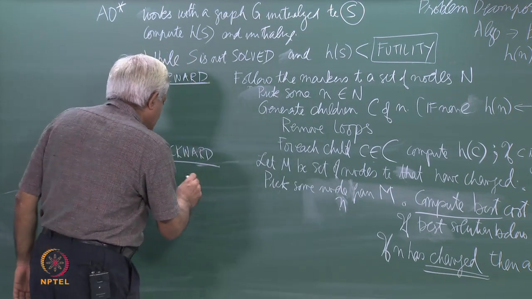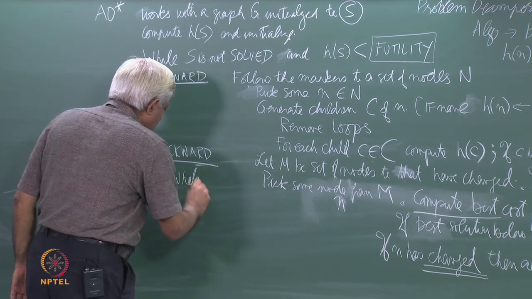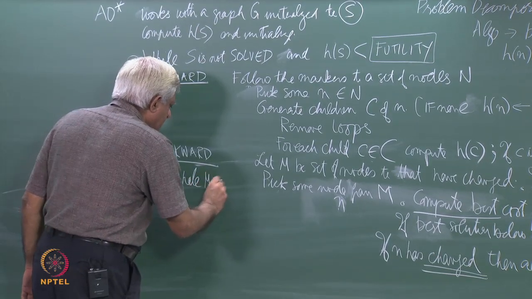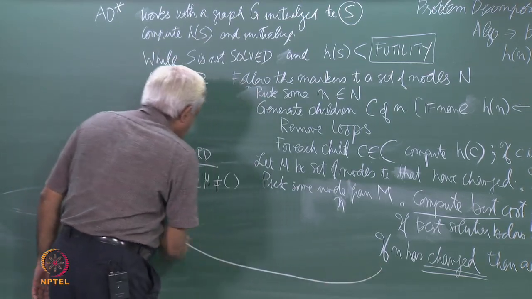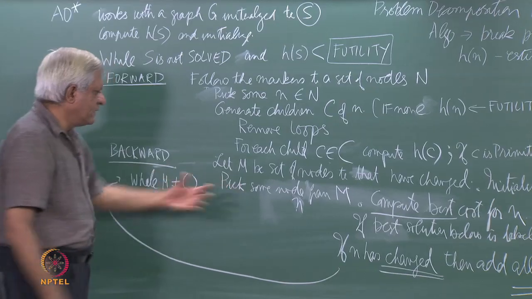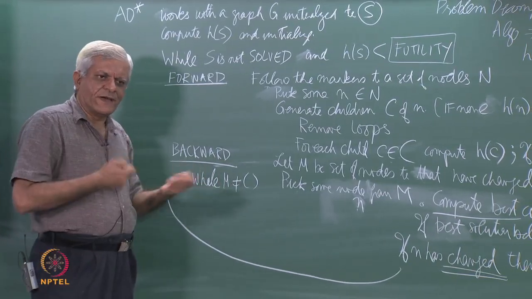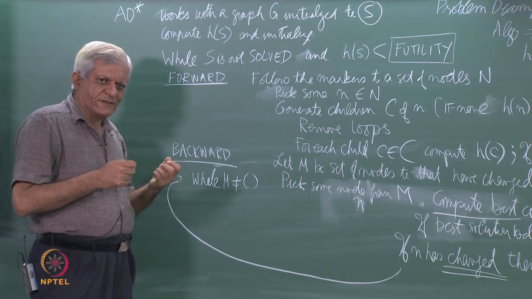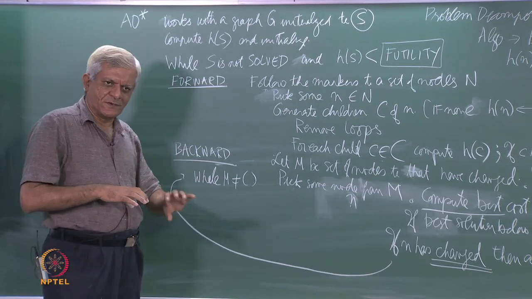So, I must put this of course in a loop while m is not equal to empty. I have this whole loop: pick some node from m, compute its revised value, which is the best value from all the sub solutions it has.